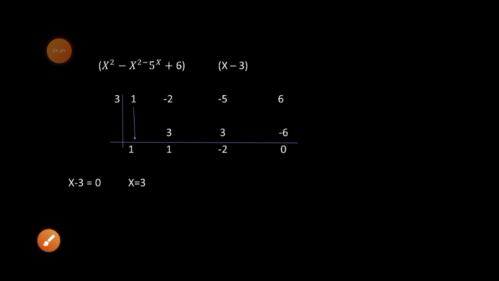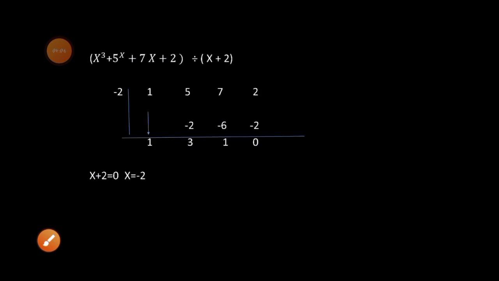I have a last example. This is the same process as in the first and second examples. So we have the quantity x cubed plus 5x squared plus 7x plus 2 divided by x plus 2.